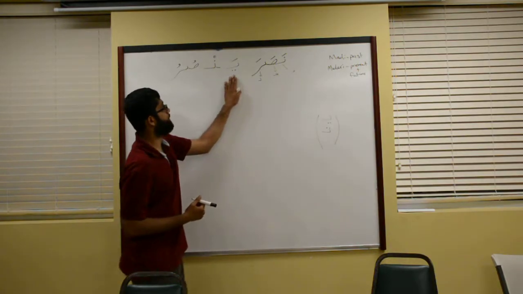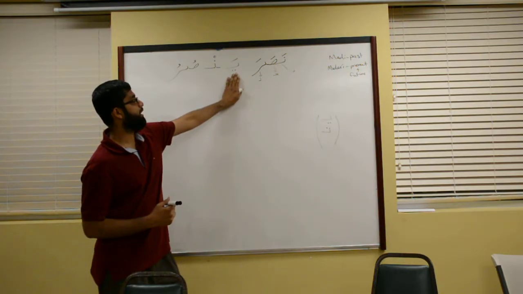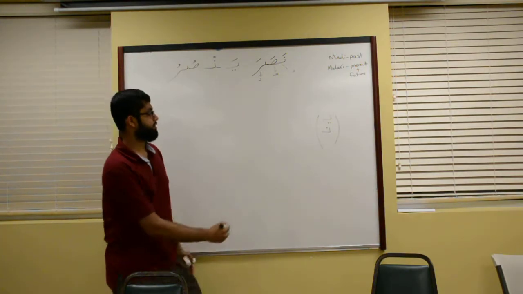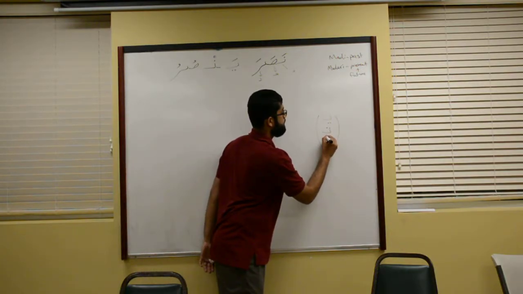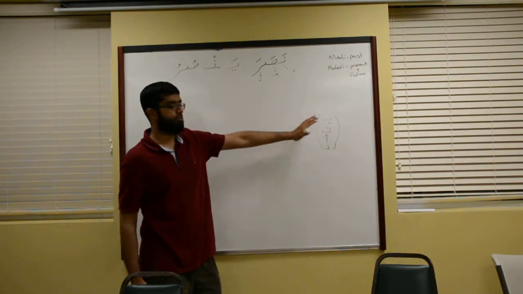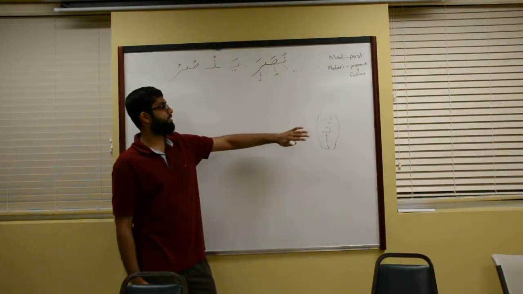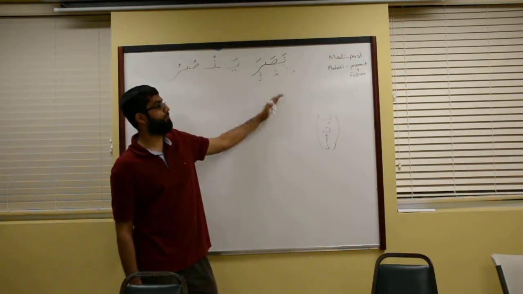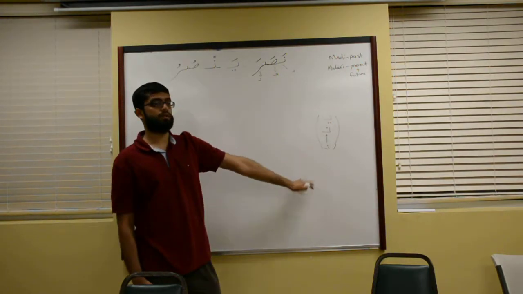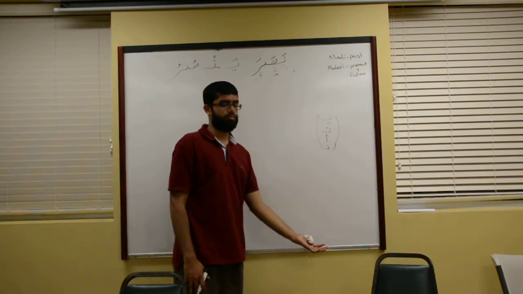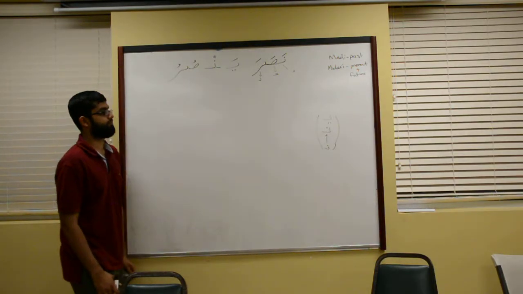It will always be in the beginning of the verb, and it will signify that that verb is present tense. So if a three-letter root verb begins with these letters, it's a sign that the verb is present or future tense. Are there exceptions to that?